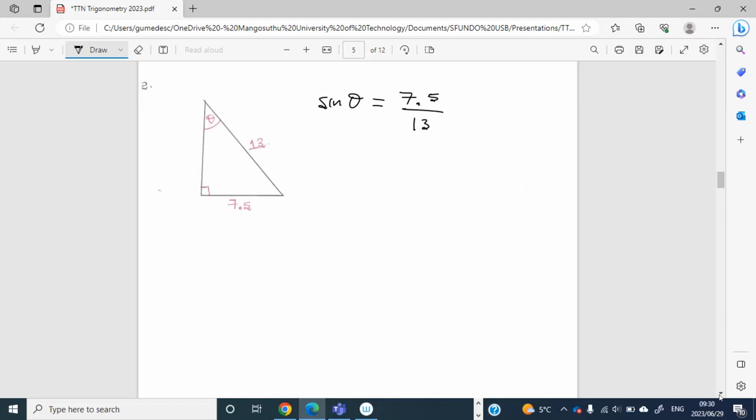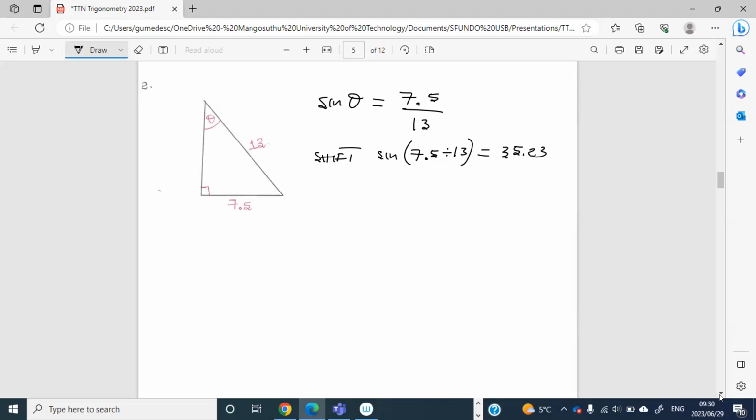We'll press shift in our calculator, shift, and then sine in this case. And then inside the bracket, we'll press 7.5 over 13, close bracket. 7.5 divided by 13, close bracket, and equal to 35,23.